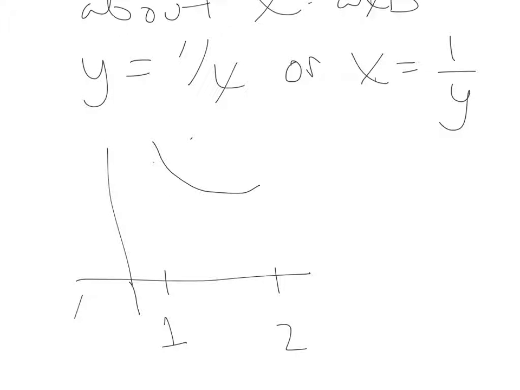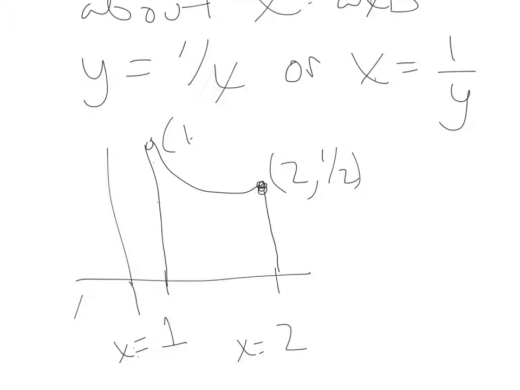And so we're bound by the graph, the x-axis, and the vertical lines, x equals 1 and x equals 2. The ordered pairs here then are going to be (2, 1/2), and up here it's going to be (1, 1).